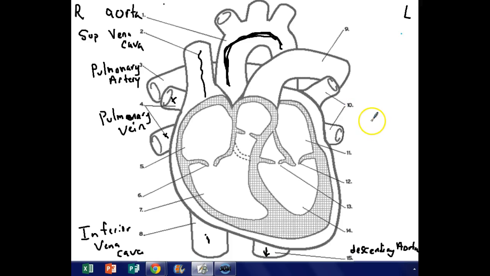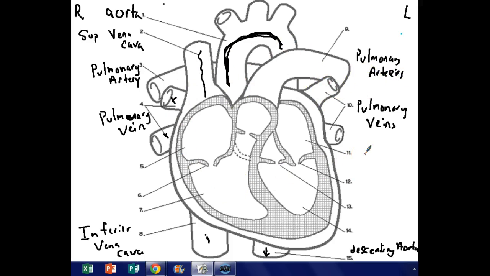Number 10 are your pulmonary veins, and number 9 are your pulmonary arteries. So these vessels are all on the outside of the heart.